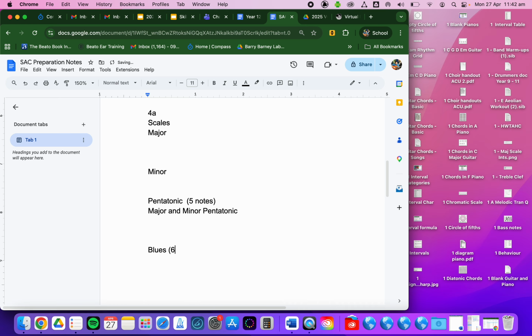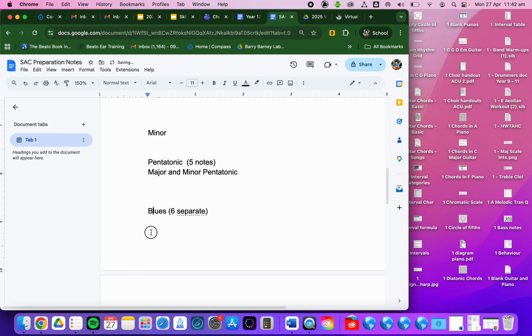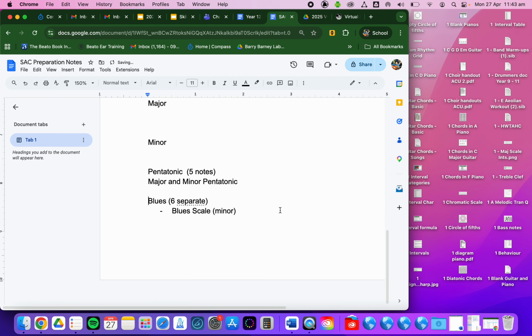Blues has 6 separate notes. Why do I say separate? Because, for example, I'll draw an A blues scale. So it's A, C, D, E flat, E, G, and A. So there's 7 notes there, but there's only 6 different notes, isn't it? So the A is the tonic, so we don't need to count that twice.